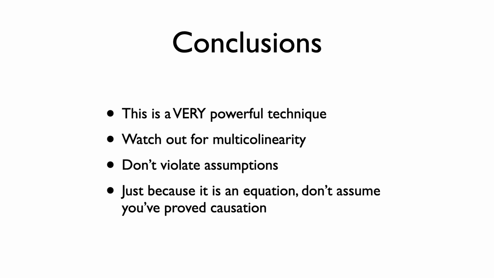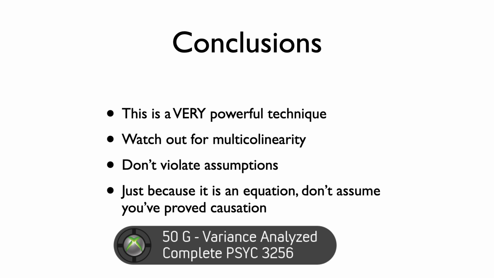And just because it's an equation, this is a thing where you come up with an equation saying this behavioral phenomenon, you're psychologists, equals this number times the value you got on this questionnaire, plus this value times the value you got on this questionnaire, plus this times the number, how old you are. That's very powerful, and looks a little weird. And it makes you think that you've found causation, and maybe you didn't.